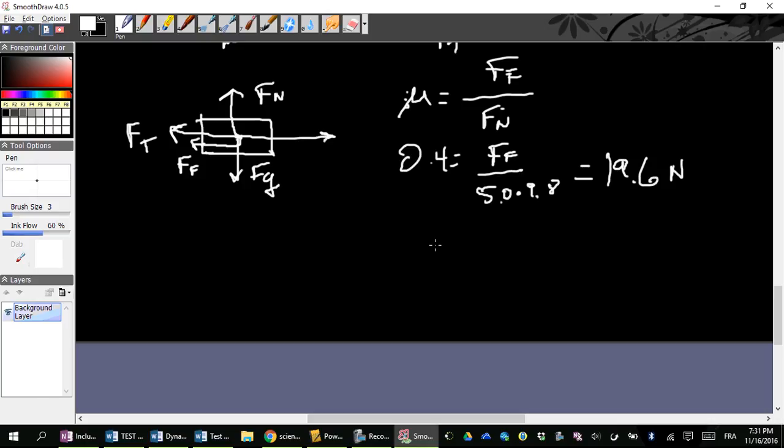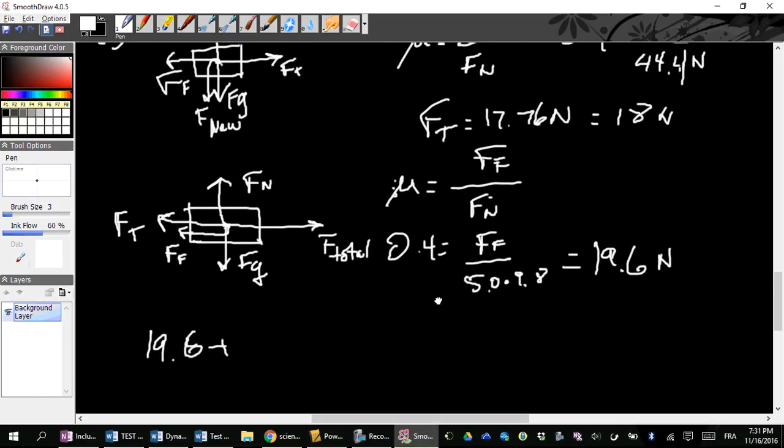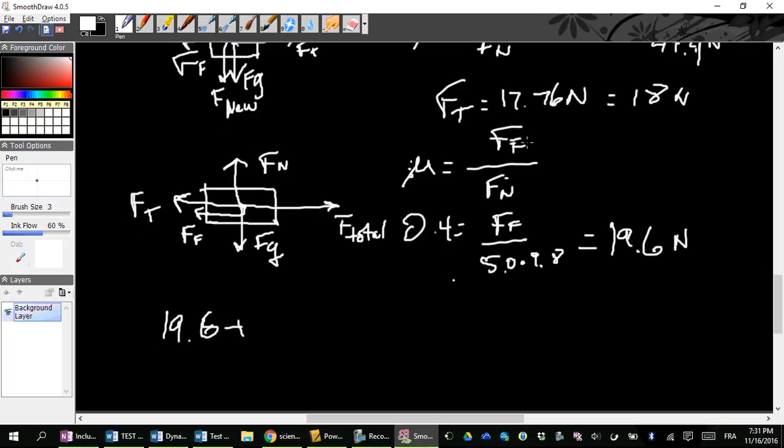So if I just follow the logic of this, I define my new F total here. I just have to add these two. 17.76 plus 19.6. So you see what I mean here? This number, don't use the rounded number, use this one. Because you're still working. And when you're done, you round. Is that working?